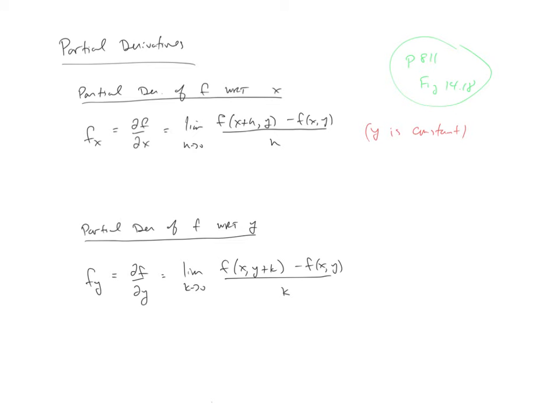So much like the last one, as I pointed out, now your y is going to be what's changing, since we're approaching along a pathway parallel to the y-axis, and therefore x would be constant. So x is constant in this case. Another important thing to hang on to, much like from above. So those are your two limit definitions. We'll go ahead and take a look at an example, and then we'll jump into a few more direct ways.